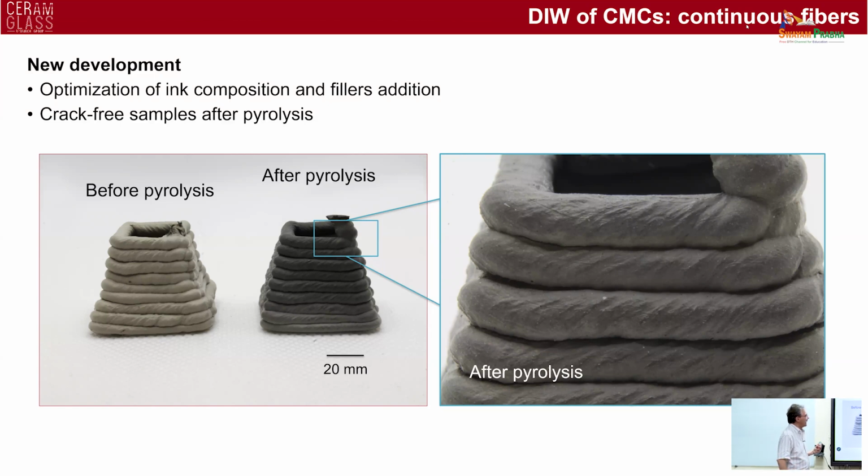But the main point is that we are now able to obtain a crack-free part after one single pyrolysis, because we modified the composition of the matrix in such a way that we can control that more effectively. So we are hopefully submitting a paper on this soon.